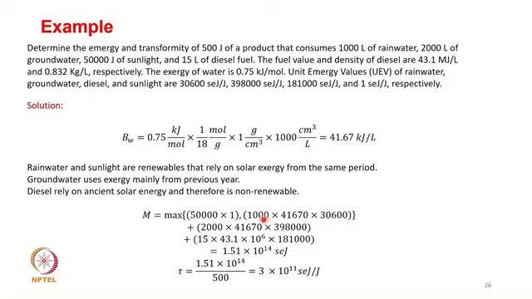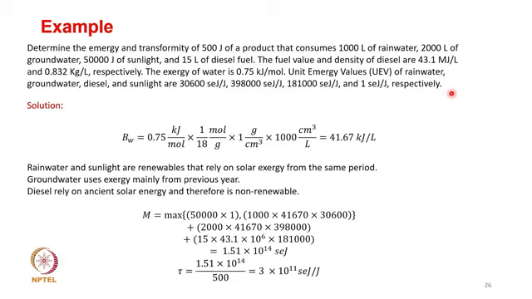So now let's look at a calculation. For instance, determine the Emergy and transformity of 500 joules of a product that consumes 100 liters of rainwater, 1000 liters of rainwater, 2000 liters of groundwater, 50,000 joules of sunlight, and 15 liters of diesel fuel. The fuel value and density of diesel are 43.1 MJ per L and 0.832 kilojoule per liter respectively.